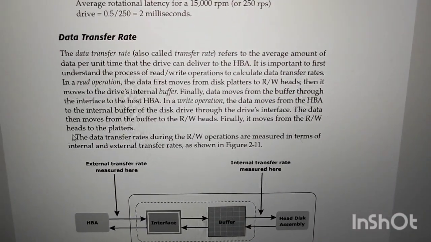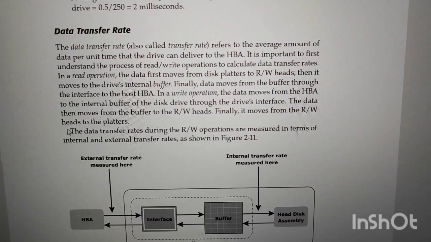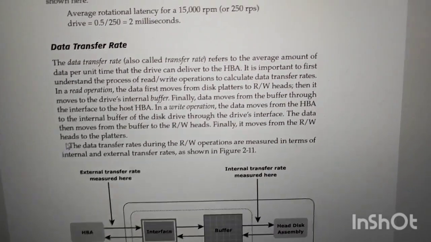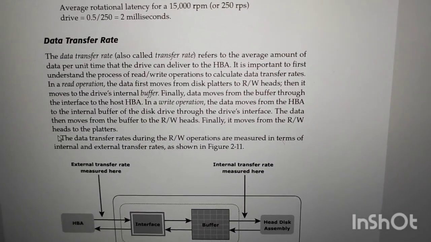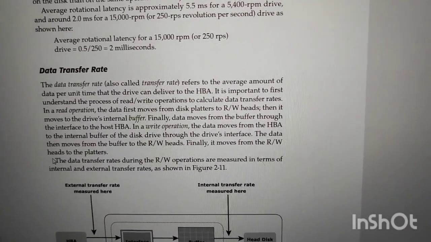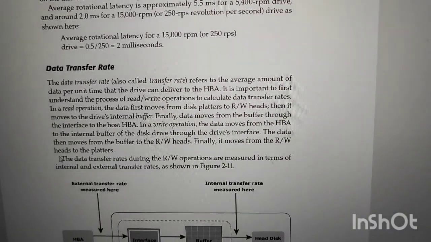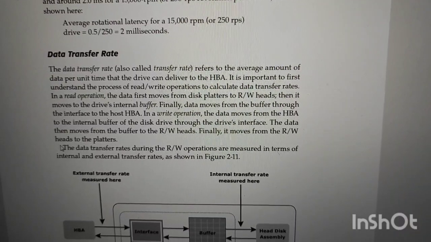You have data transfer rate. Data transfer rate refers to the amount of data which is sent per second using the HBA, that is your host bus adapter. You have to understand the read write operation to calculate the data transfer rate.